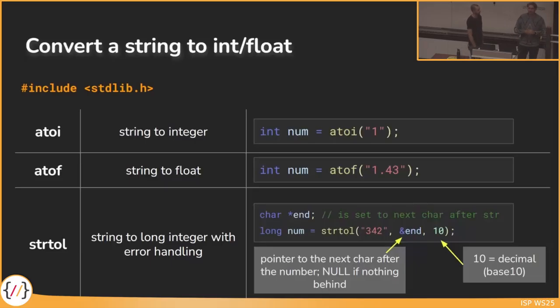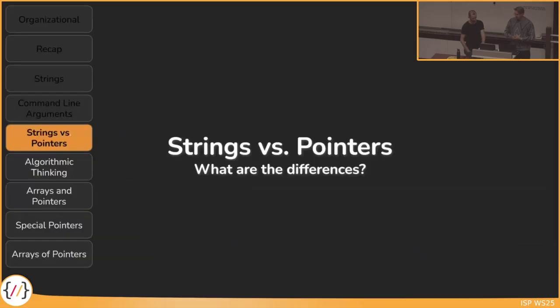But of course, you could also use hexadecimal values, so you can pass 16 as the base and also other bases. So that's a very cool function, actually. Okay, all right. Let's finish with command line arguments, and let's go back to pointers and strings.